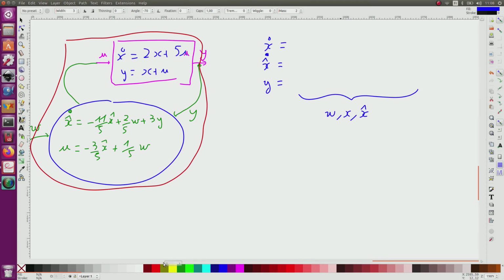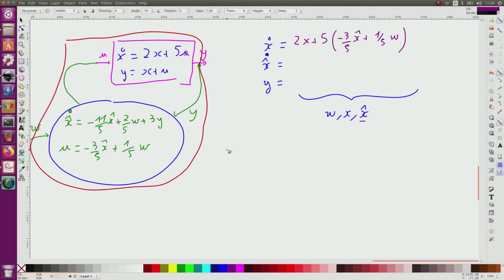So for this, I will read this equation. I have here 2x plus 5u, but u is not allowed. U is equal to this, so I will have here minus 3 divided by 5 x hat, which is allowed, plus 1 divided by 5 w.